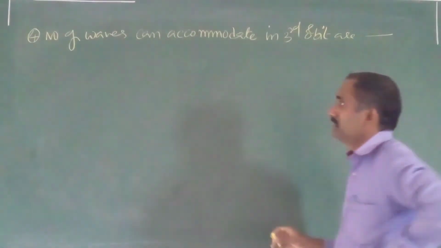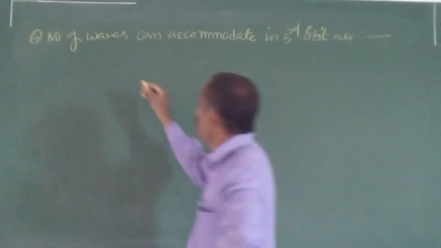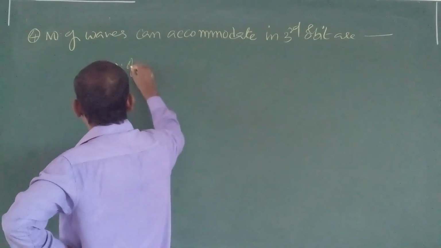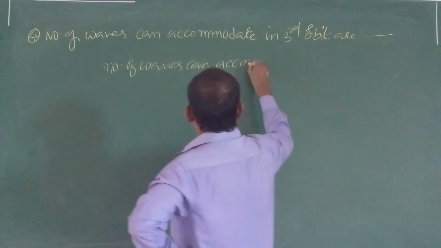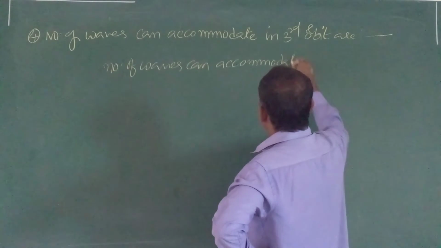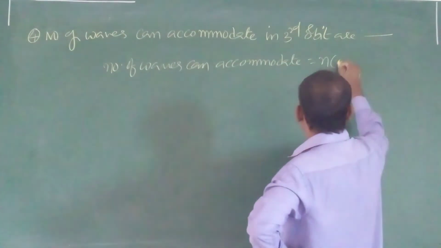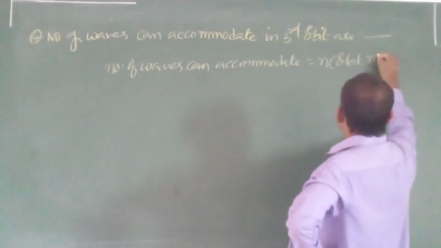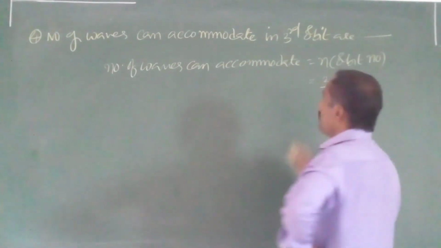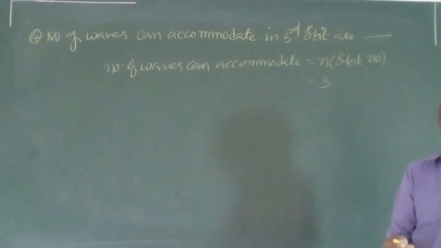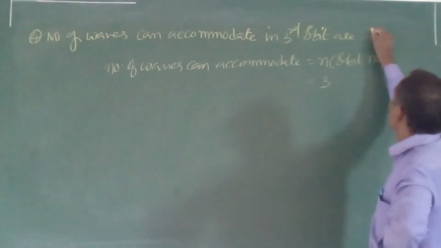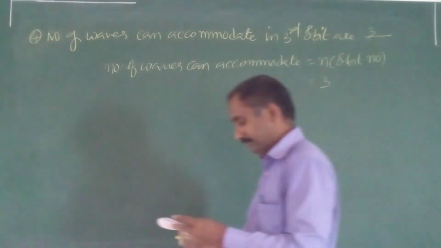What is our shortcut formula for the number of waves that can be accommodated? It equals n, where n stands for the orbit number. Here which orbit is it? The third orbit. Therefore, in the third orbit 3 waves can be accommodated. In the fourth orbit, 4 waves can be accommodated.